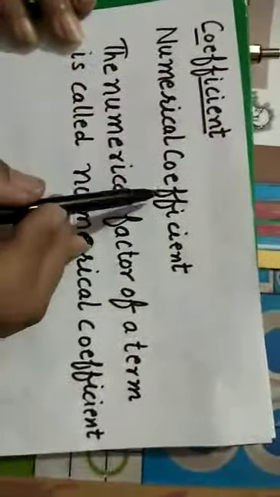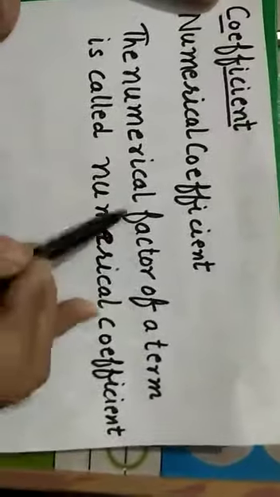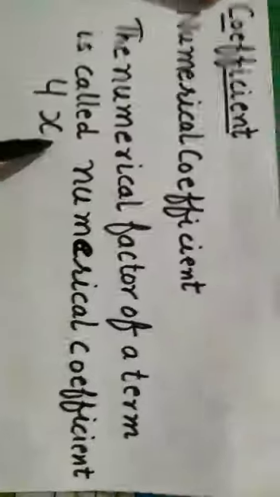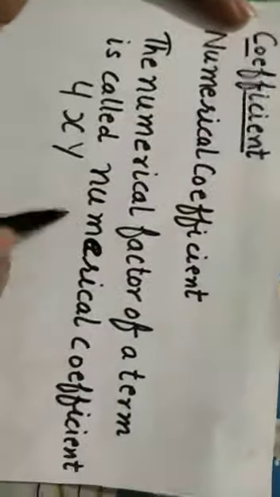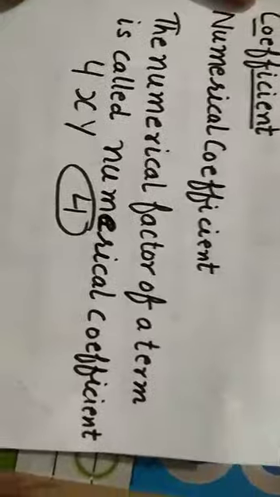Now here is one word, coefficient. What is the meaning of this? Coefficient or numerical coefficient, the meaning of this is the numeric factor of a term is called numerical coefficient. 4xy, here 4 is the numeric coefficient of this term.